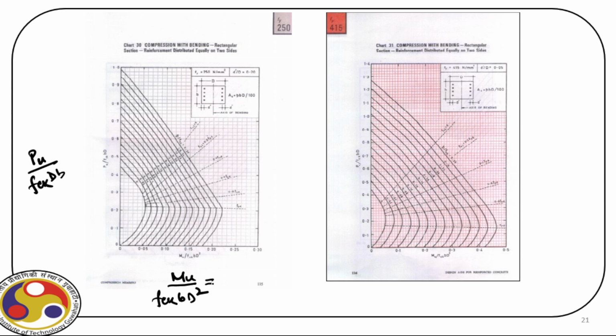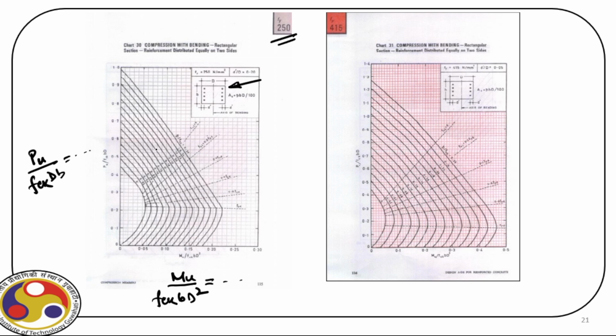Remember, we derived these expressions earlier in the previous lecture, and from this plot actually you can find out the sectional capacity. So for this particular section, the amount of steel and the quality of steel is given here. For that, this interaction diagram is given. So you can easily use this diagram to do the design. So that we'll cover, not now.